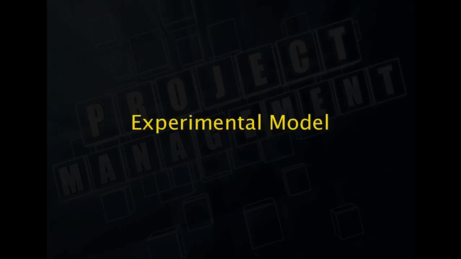Next is experimental model. The purpose of this approach is to determine whether changes in program outcomes are due to the contributions of the program and not just to life's experiences or other influences.